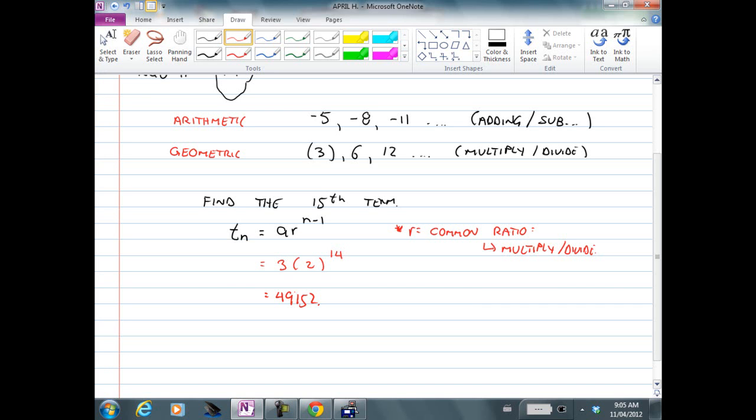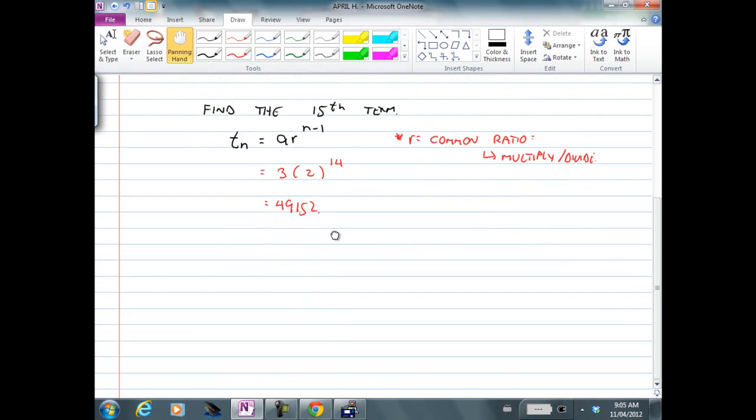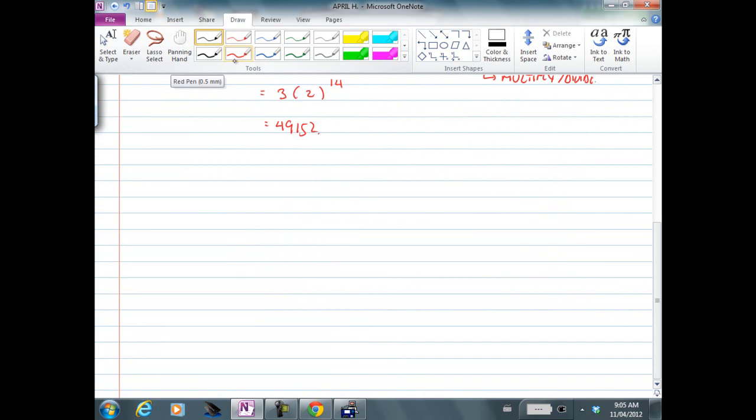I'm going to give you some random questions I'm going to steal. Let's try this one. A ball is dropped from a height of 3 meters.